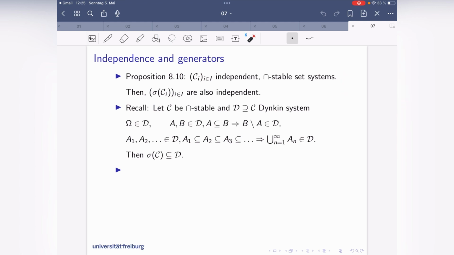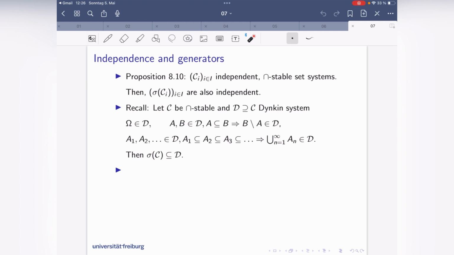C_i here are independent intersection stable set systems. Then it is claimed here their generated sigma algebras are also independent. So that's a powerful thing, because you only have to check independence for smaller things and then you get it for the generated sigma algebras for free.